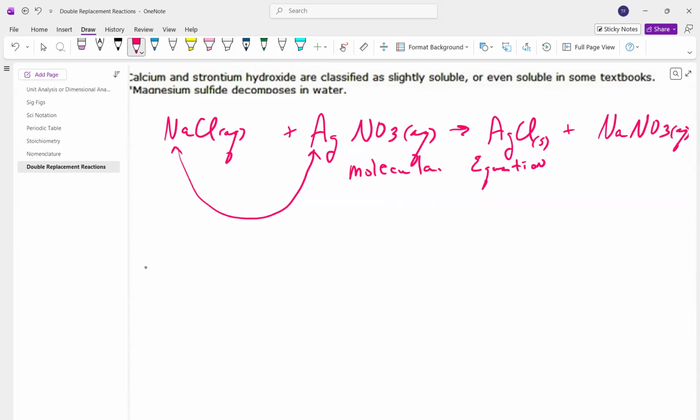Now, there's another equation called the total ionic equation, which means you take everything apart and it becomes a detail-oriented activity. We're not going to do that in this class. We're going to go from molecular.